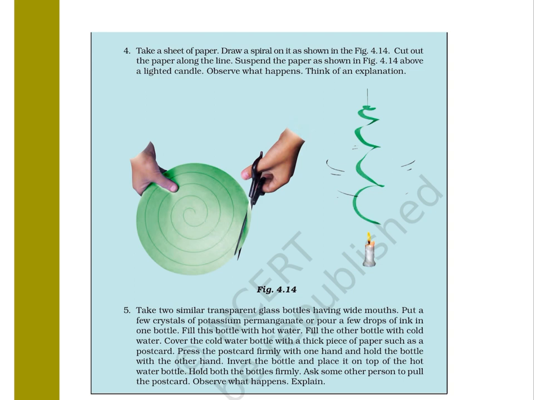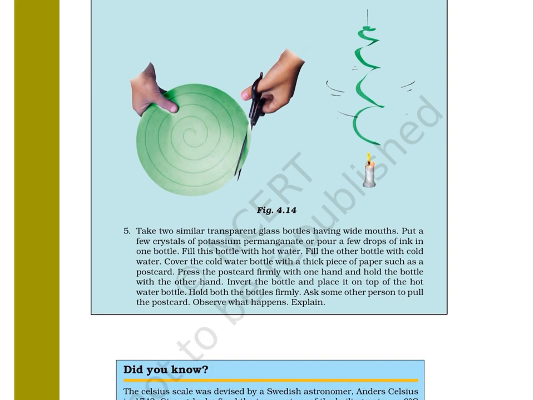Observe what happens. Think of an explanation. Figure 4.14. In the first picture, someone is cutting a spiral out of a green paper. In the second picture, the spiral is hanging over a lit candle.